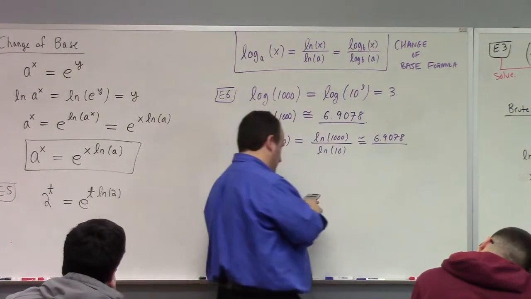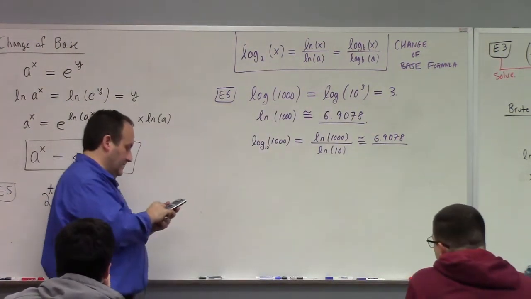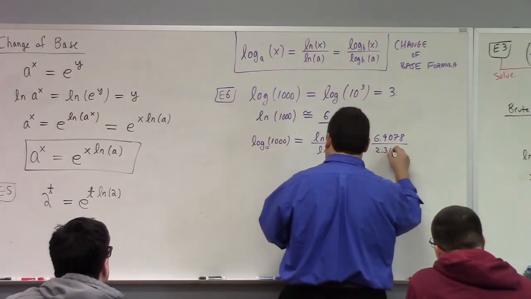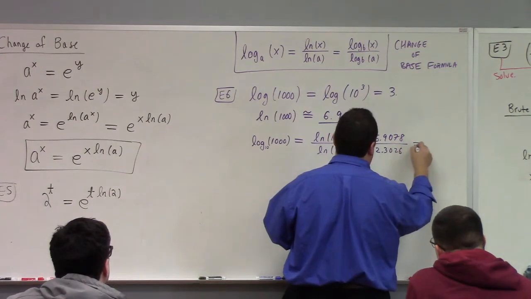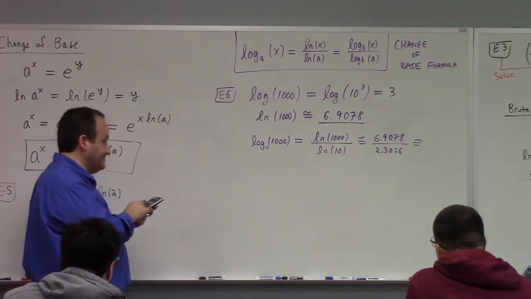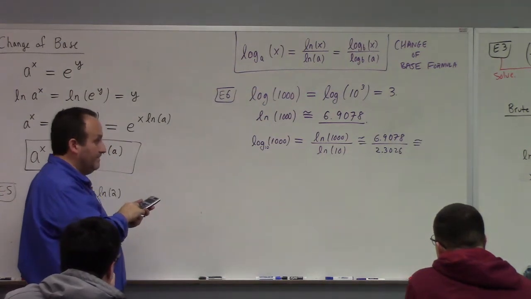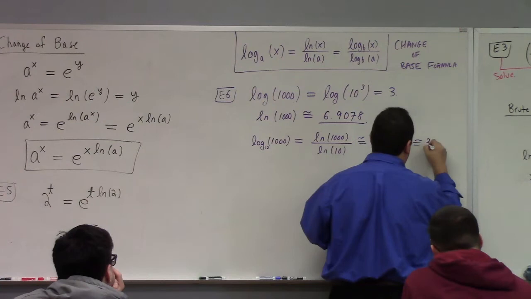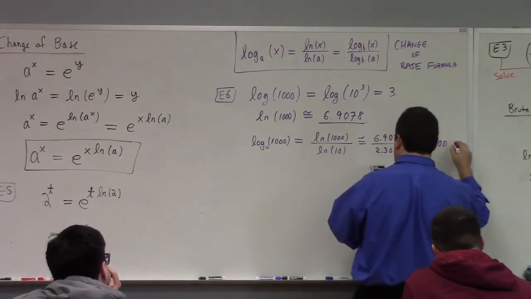The natural log of 10 is 2.3026. And if we divide those numbers, I get 3.0001.